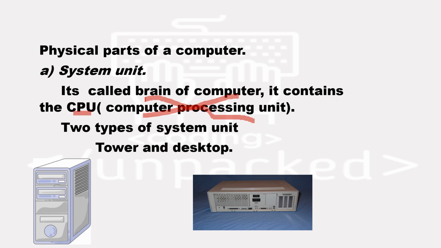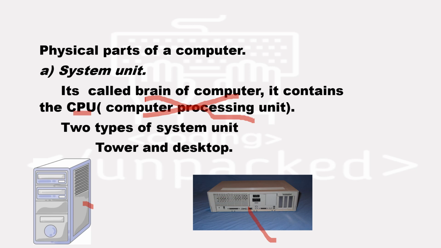So if you go to a cyber cafe, or to some homes, you'll see something like this. There's this kind of system unit which is called the tower, and then there's this kind of system unit which is the desktop system unit. So these are the two types of system unit, the tower and the desktop.